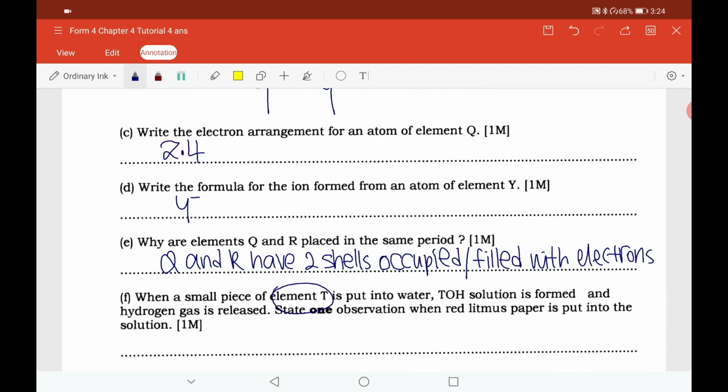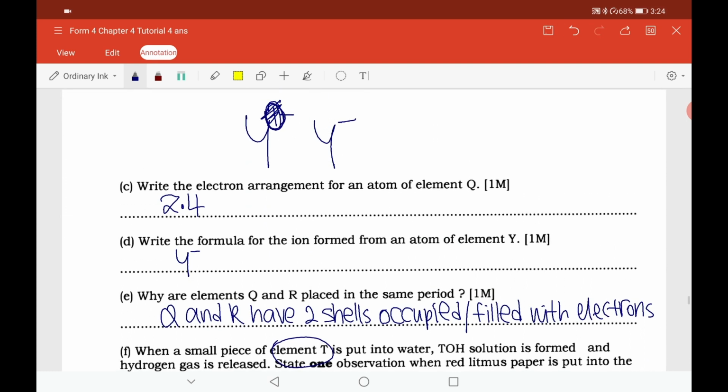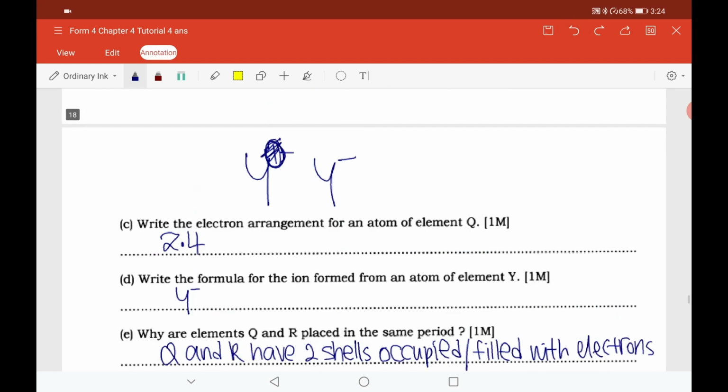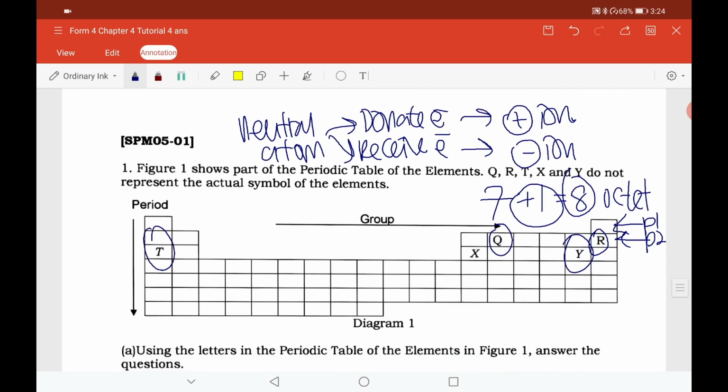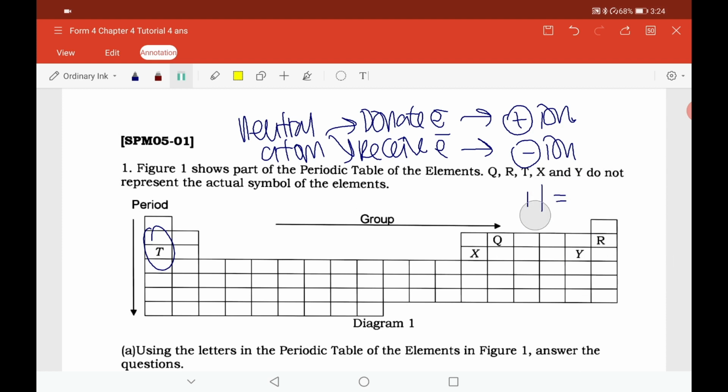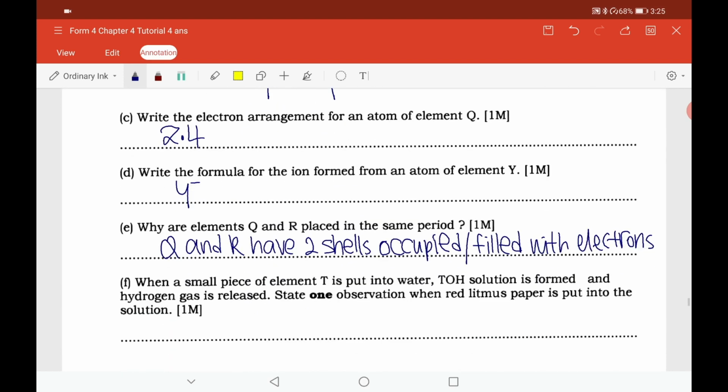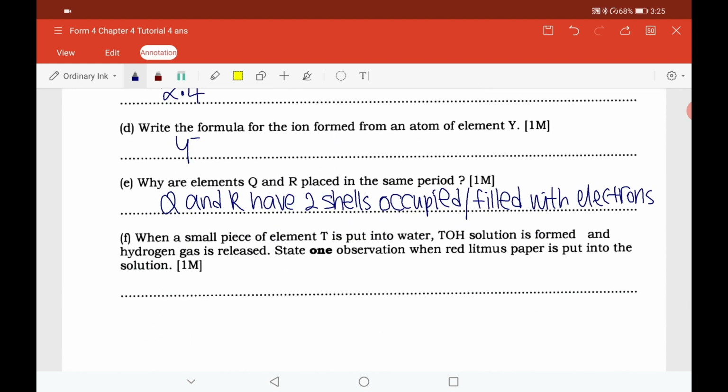It's true because they're asking about element T. If you look at the question, element T is here. It's in group number 1. Group 1 is alkali metal. Alkali metals produce alkaline solution, which is TOH.